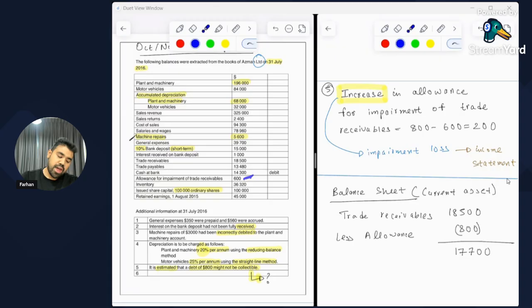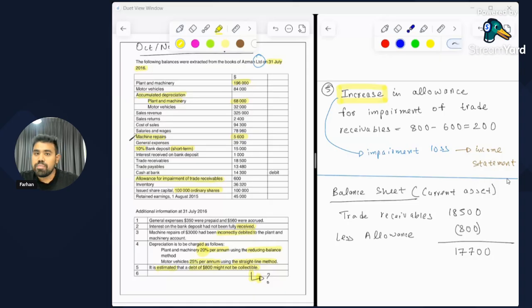So what do we understand by allowance for impairment of trade receivables? This is referring to the possible amount that our credit customers owe. So there's this possibility that $600 of the amount that we expect to get from our credit customers, we may not be able to collect. Okay.